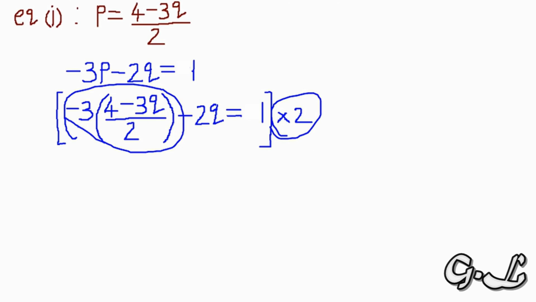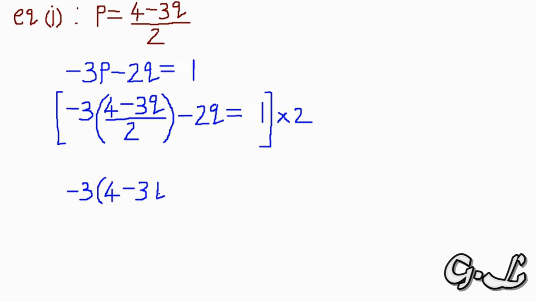And when you divide by 1, it is going to give you the term itself. So in such a case, we're simply going to remain with -3 open parenthesis 4 minus 3q. That is what we're simply going to have. And then -2q times 2 will give you -4q. And then 1 times 2 will give you the value which is 2.